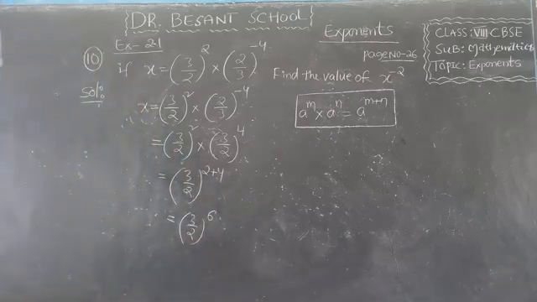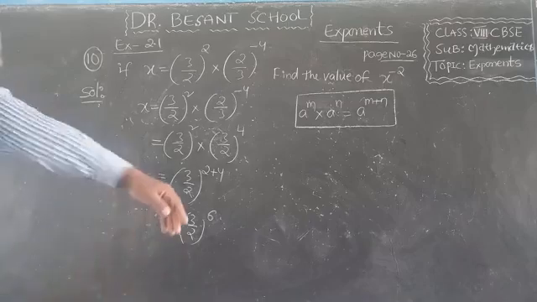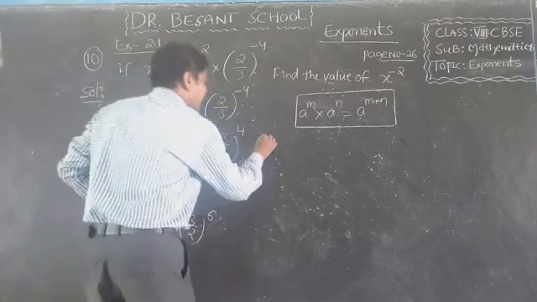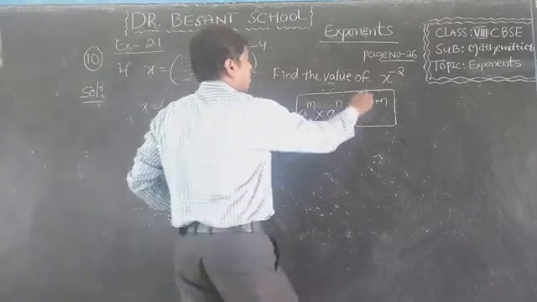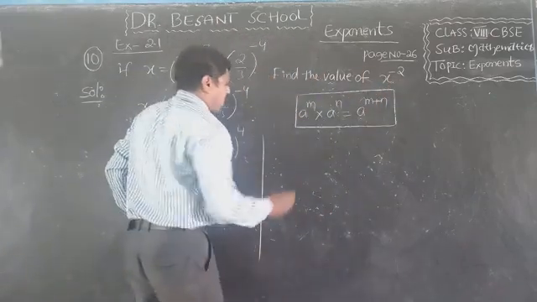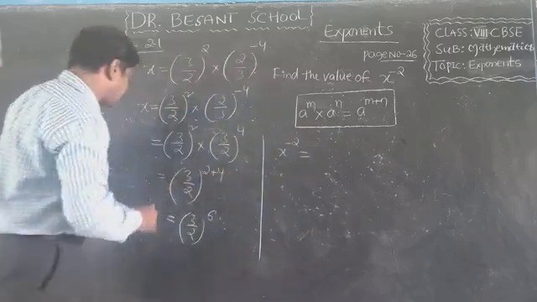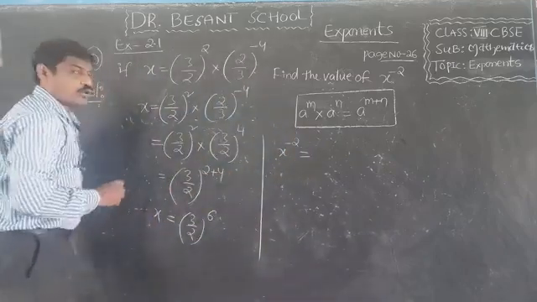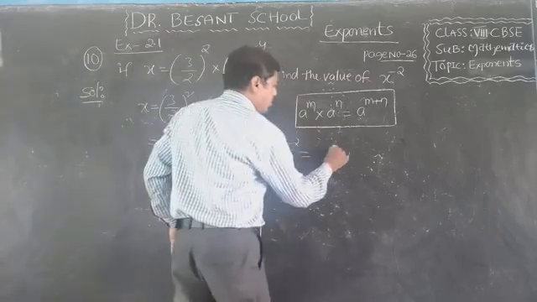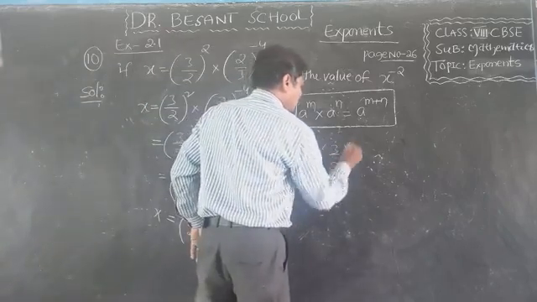Okay. Actually what we have to find? We have to find x^-2. What is x here? x is (3/2)^6.